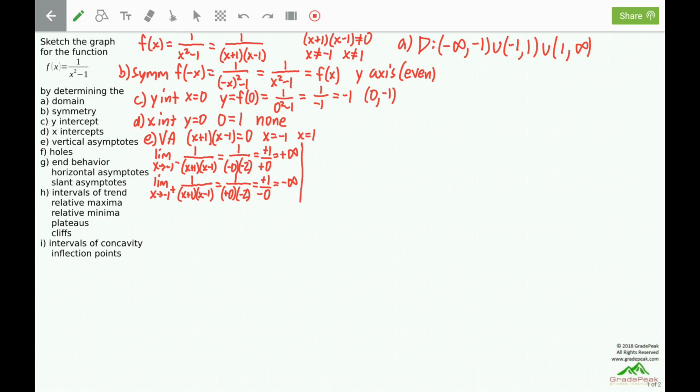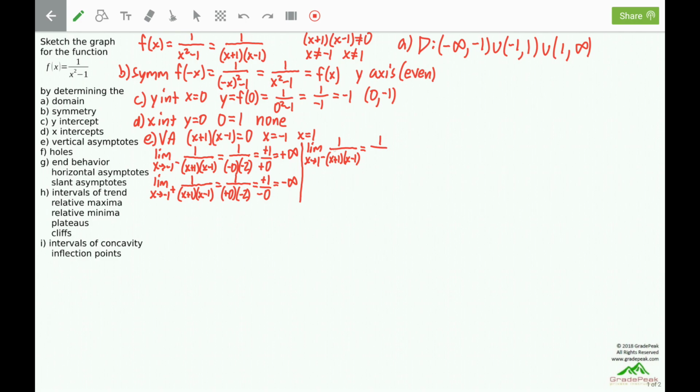We can now look at the behavior around the other vertical asymptote, x equals positive 1. We can determine its behavior on the left side by taking the limit as x approaches positive 1 from the left side of the function written in its factored version. The numerator is a 1.